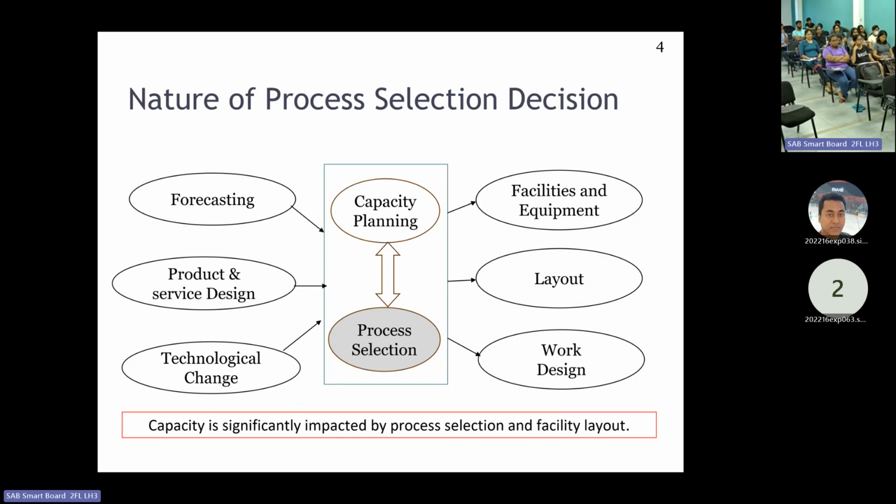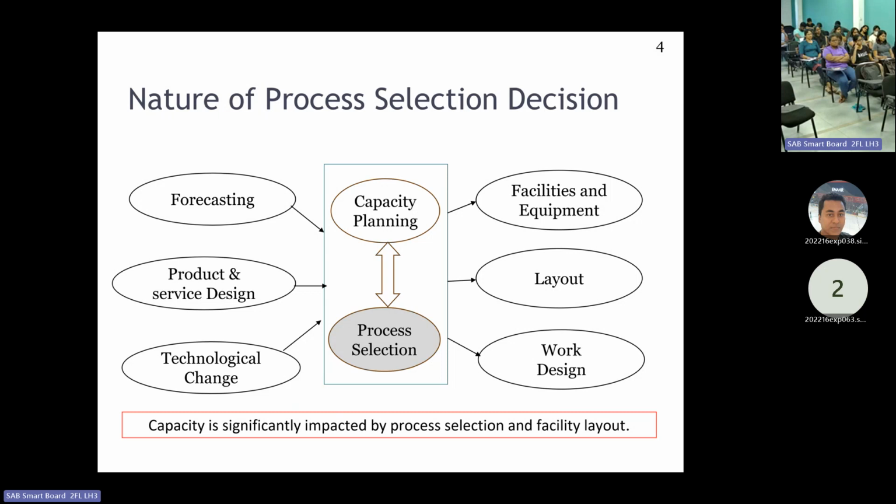In addition to that, the type of product we are going to produce may impact the process selection. The type of product, we call it product design. As we discussed already under the third topic, product design.